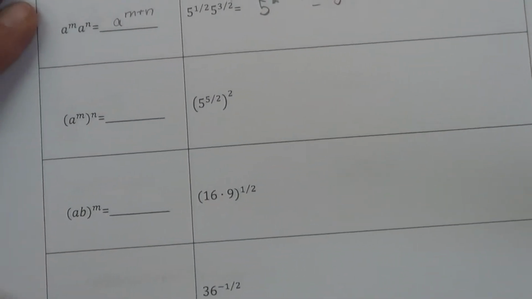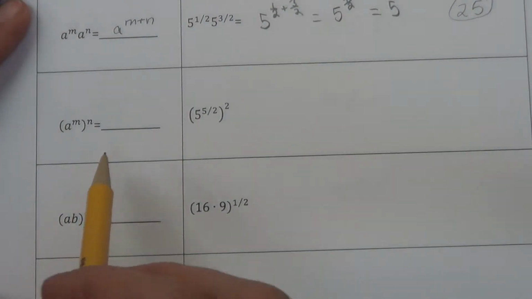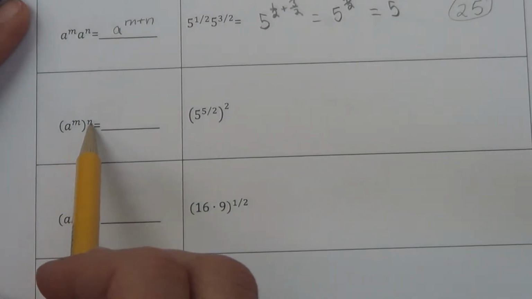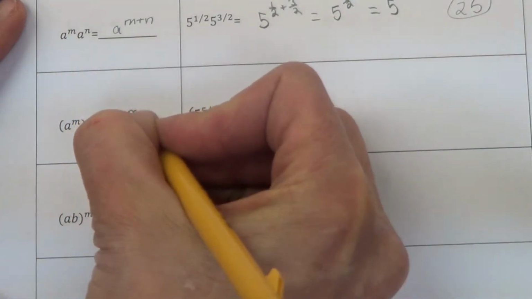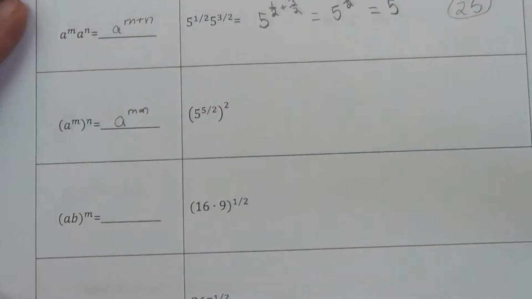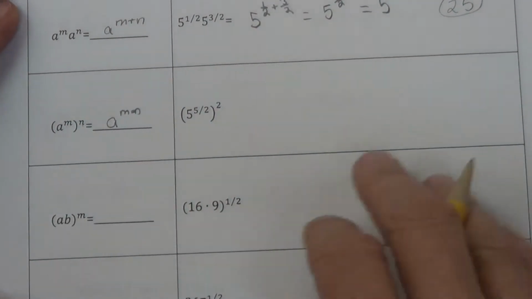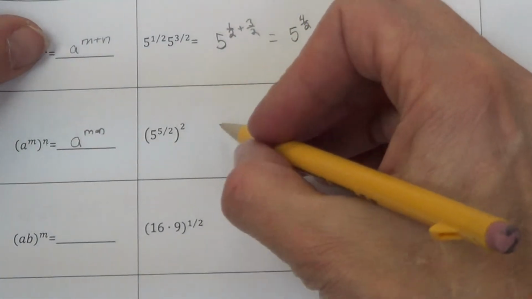Okay, the next one. In Algebra 1, when we learned the properties of exponents, we knew that if we raised an exponent to a power, we simply took that exponent and we multiplied it. Okay? So here we have 5 to the 5/2 raised to the second power.